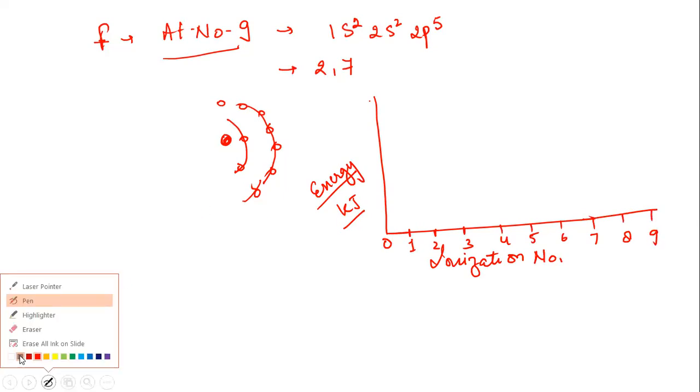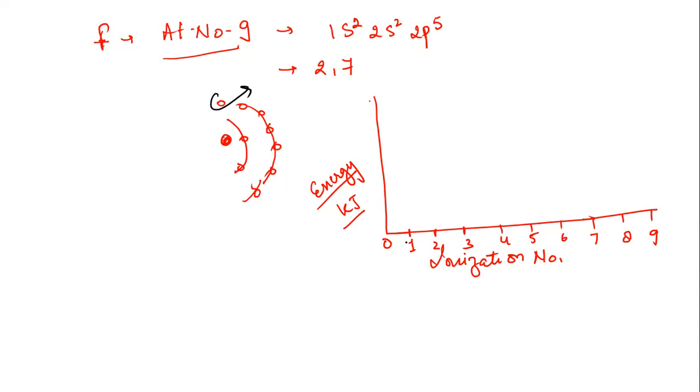Now I am removing this electron, so it will be a little bit like this. When the first electron is removed, F becomes F negative plus an electron, giving delta H I 1.